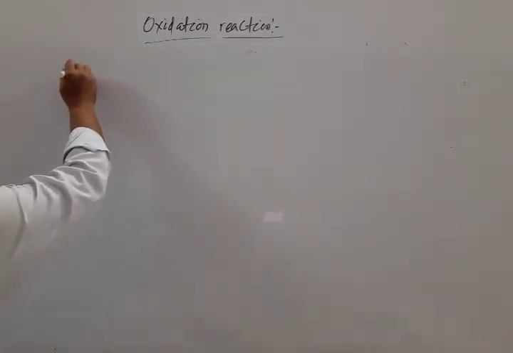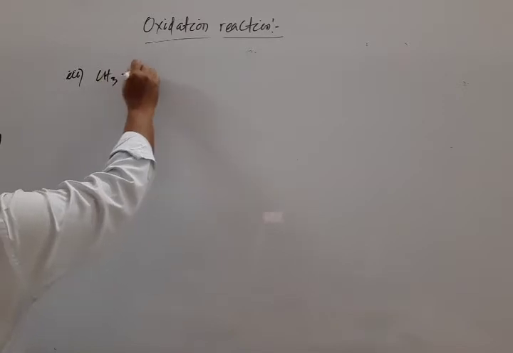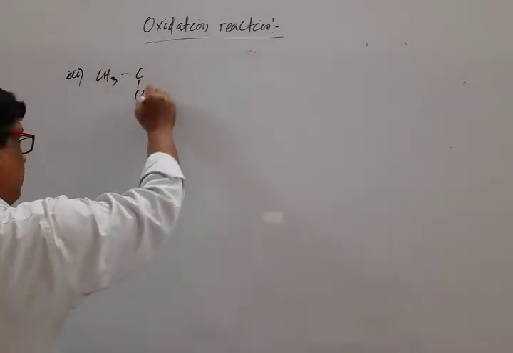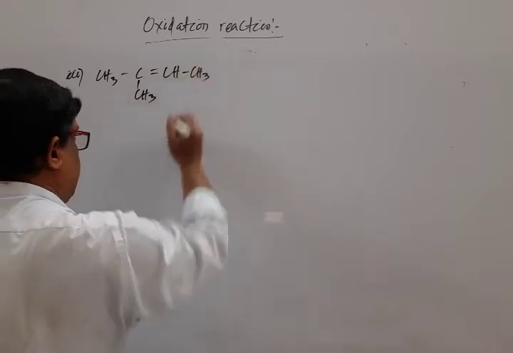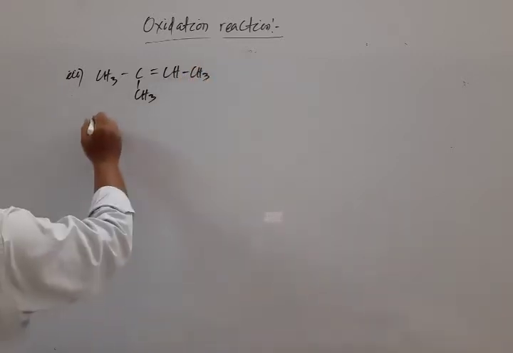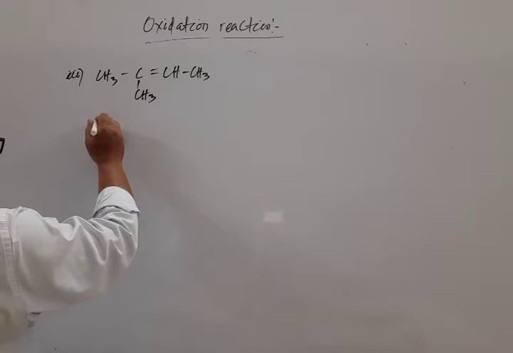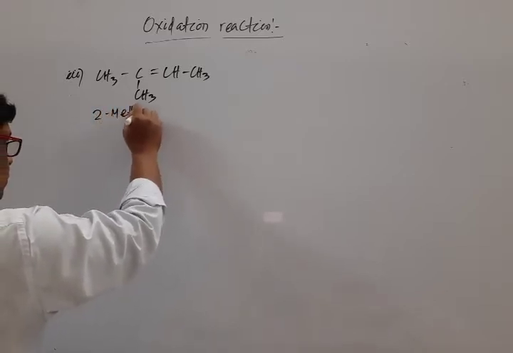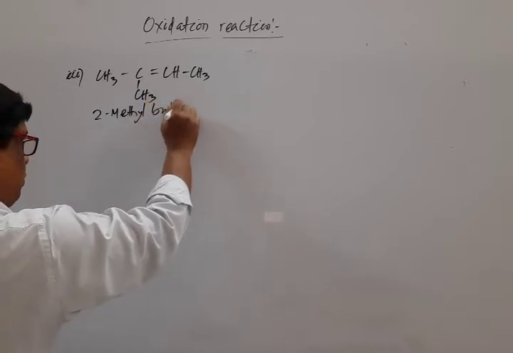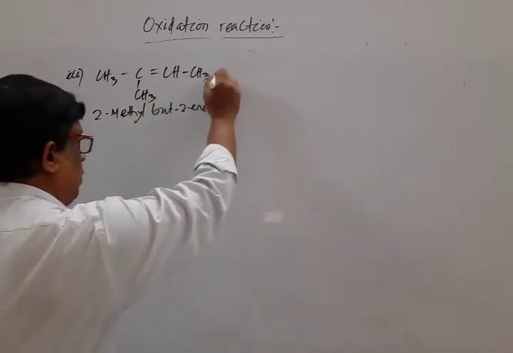Example 3, I select CH3 CH3, its name is 2-methylbut-2-ene.